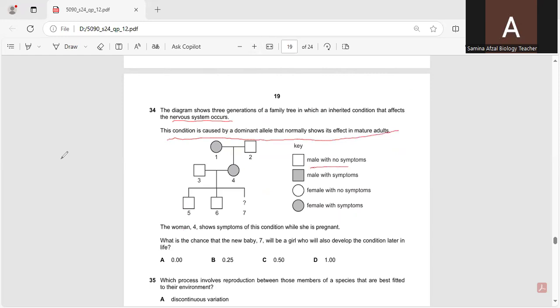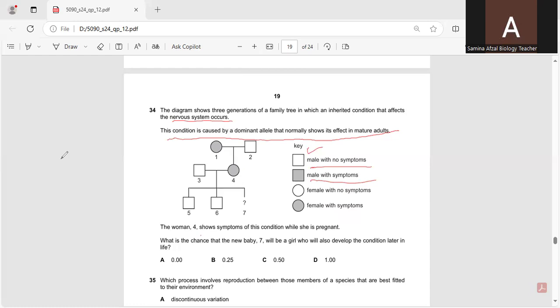Male with no symptoms, clear square. Male with symptoms, colored square. Female with no symptoms, a clear circle, and female with symptoms, a colored circle. So we can have 1, 2, 3, 4, 5, 6, 7.